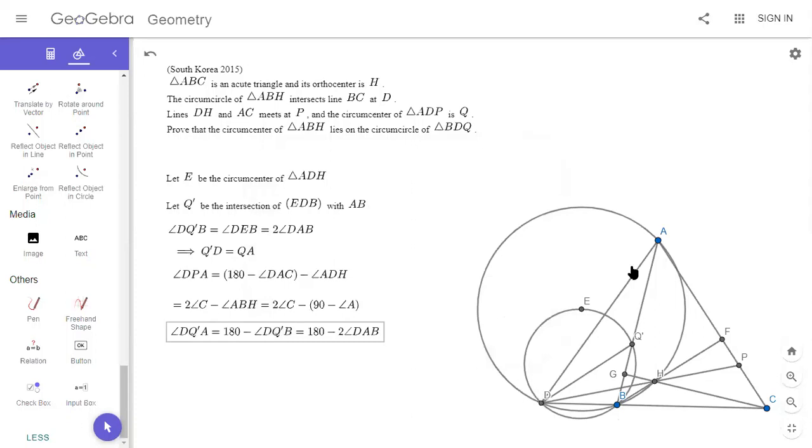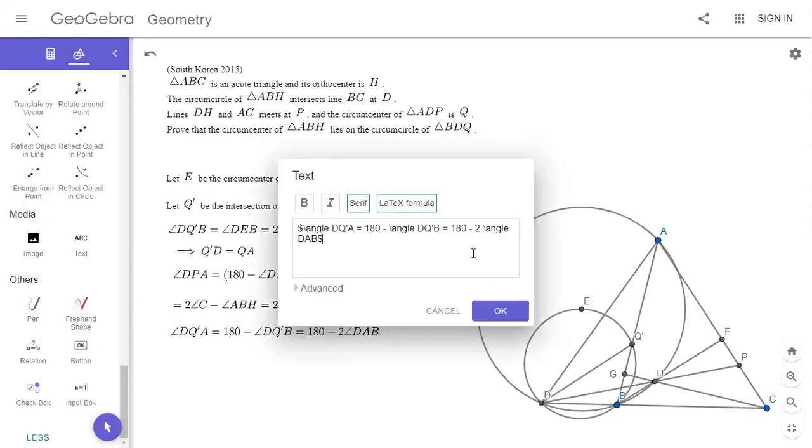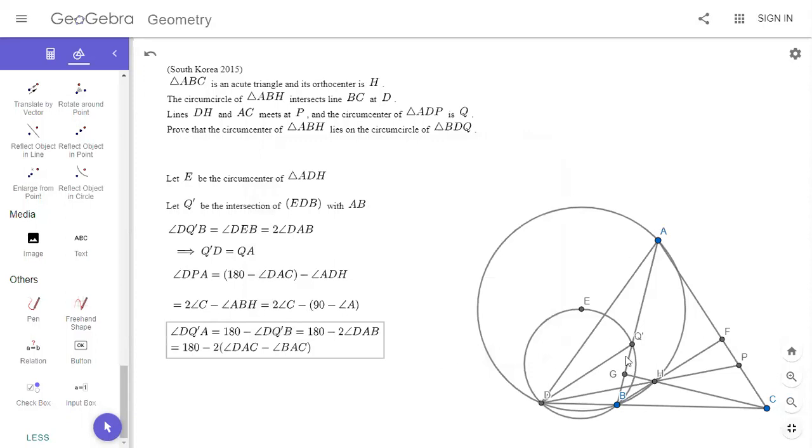But DAB is DAC minus BAC. So that's 180 minus 2 times angle DAC minus angle BAC. And then, yeah, DAC we had up above here, right? Okay, we wanted to show that.